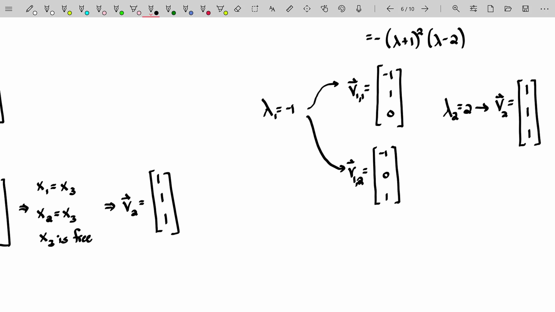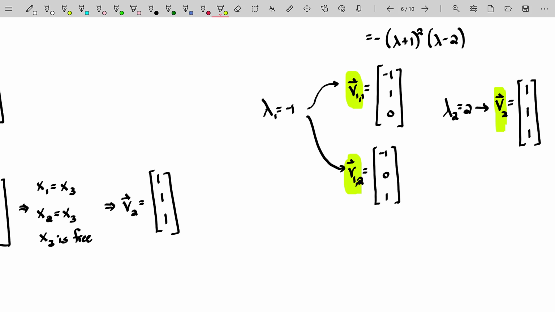Something you need to note about v sub 2 versus v sub 1,1 and v sub 1,2: v sub 2 is orthogonal to both of those vectors. Do the dot product of v sub 2 with v sub 1,1. You get negative 1 plus 1 plus 0, or in other words, 0. So v sub 2 and v sub 1,1 are definitely orthogonal.